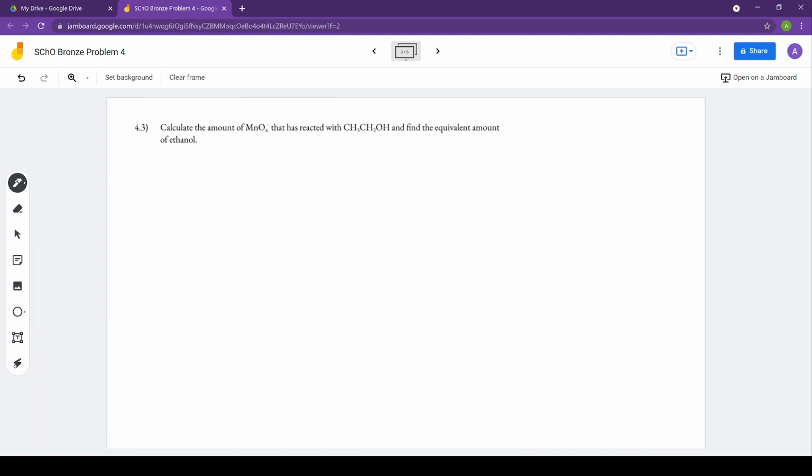Calculate the amount of MnO4-, the amount of permanganate that has reacted with ethanol, and find the equivalent amount of ethanol. Okay, so we have to look at the actual numbers now, right? In the question, it told us that we had 0.02 molar MnO4-, and we had 20 milliliters of it.